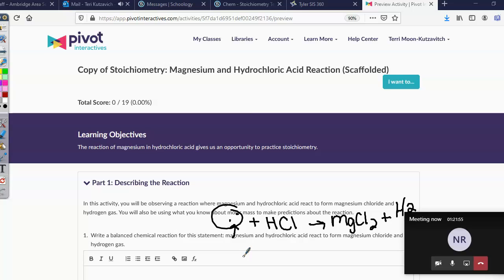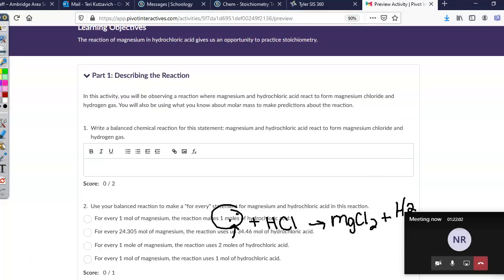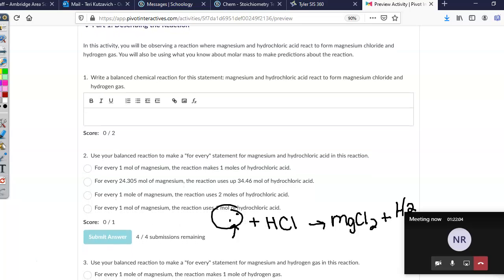The next thing we're going to do, the other ones are just looking up the masses or comparing coefficients. So once you get your equation balanced, for number 2, for 1 mole of magnesium, it makes 1 mole of hydrochloric acid. Well, if the coefficient in front of magnesium is 1 and the coefficient in front of hydrochloric acid is 1, that would be true.